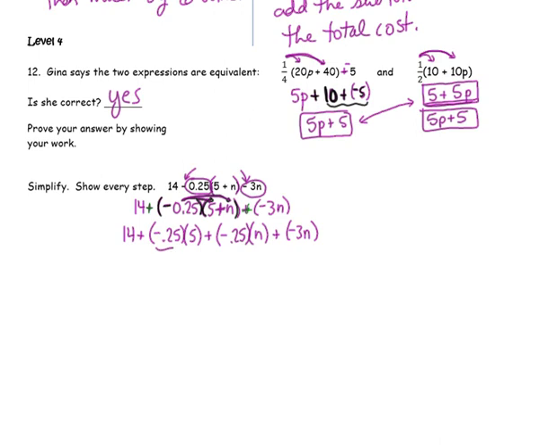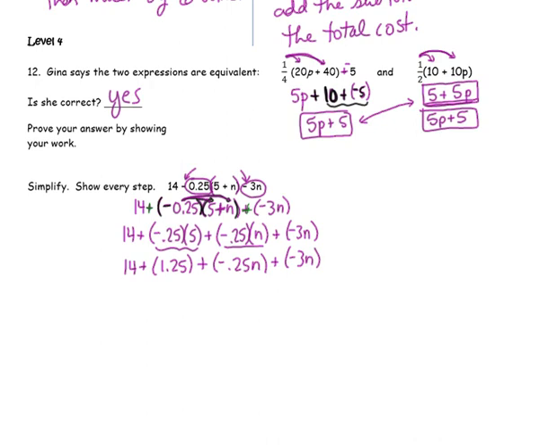Continuing, I'm going to simplify this. 14, I'm just going to bring that down. 0.25 times 5, now that's going to be a negative 1.25 plus, and then this simplifies to negative 0.25n plus negative 3n.